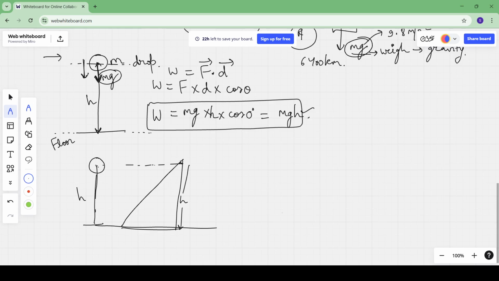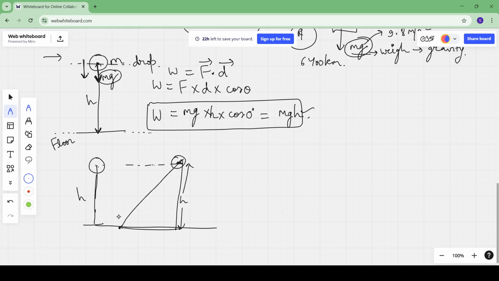The ball is now at this place. Not the same amount of distance, but the initial and the final point are the same, because initially it is at height h, and finally it will come on the floor.